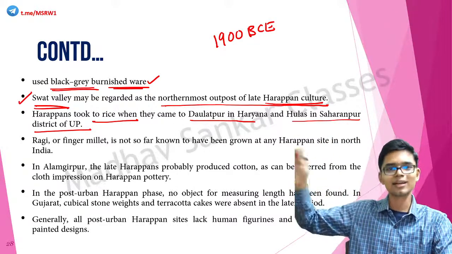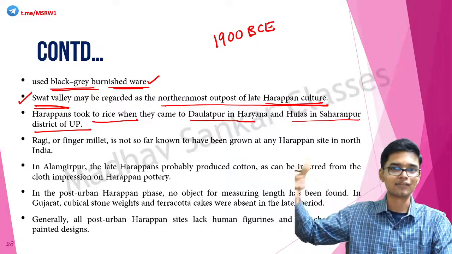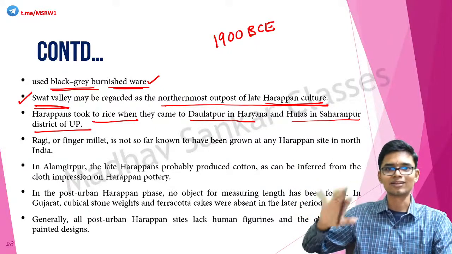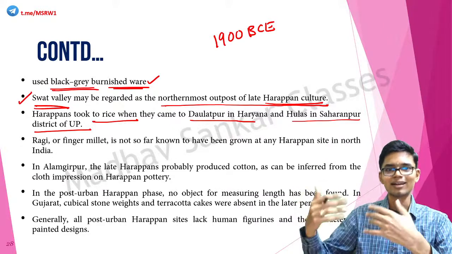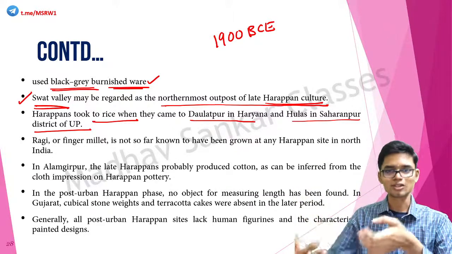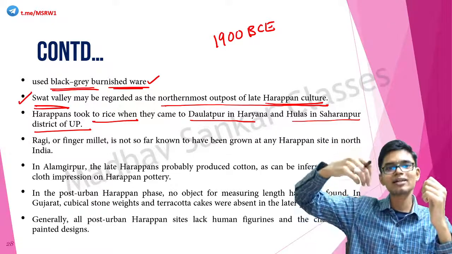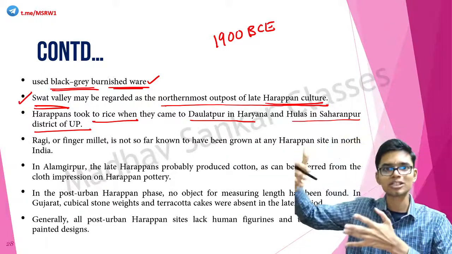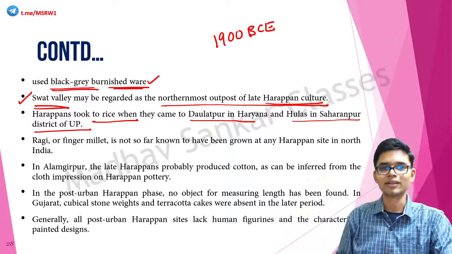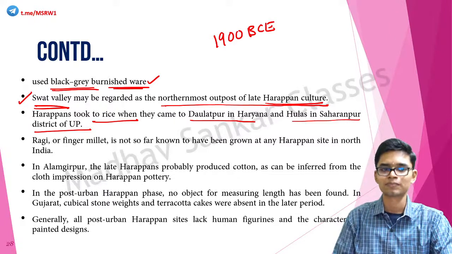In that film, they come to the bank of the river Ganges, where Hrithik Roshan sees that animal once again. In that film, that river is shown as Ganga. Historians believe that there has been a movement or migration of Harappans towards the eastern part of the country in the later phases, after the Indus Valley civilization collapsed.